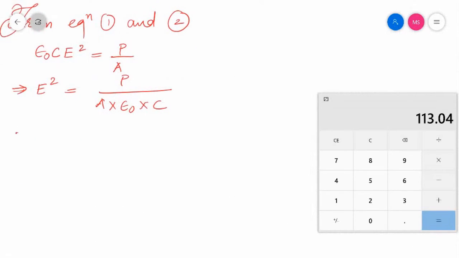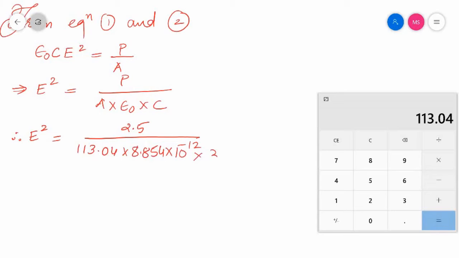So therefore E square will be equal to, power is 2.5, area just now we have calculated 113.04, epsilon naught is constant, its value is 8.854 into 10 raised to minus 12, and c is speed of light, that is 3 into 10 raised to 8.